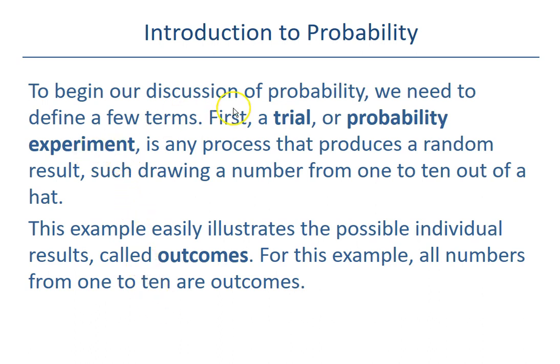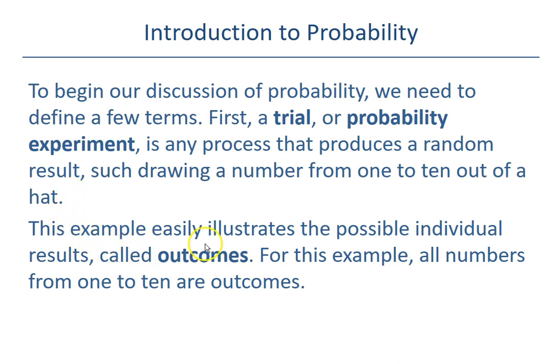To begin our discussion of probability, we need to define a few terms. So you want to write these up in your notes. First, a trial or probability experiment is any process that produces a random result, such as drawing a number from 1 to 10 out of a hat.